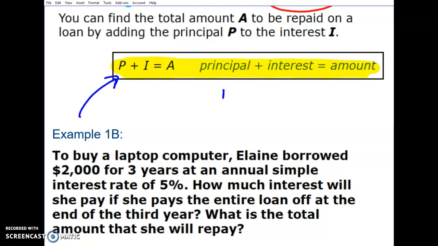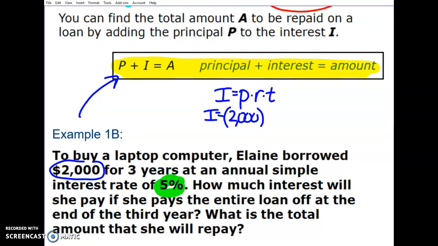So for our interest, I equals P times R times T, or interest equals principal times rate times time. My principal amount is $2,000. So we're going to write this out, $2,000. The rate, the interest rate, is 5%. So I want to write that as a decimal. 5% means 5/100.